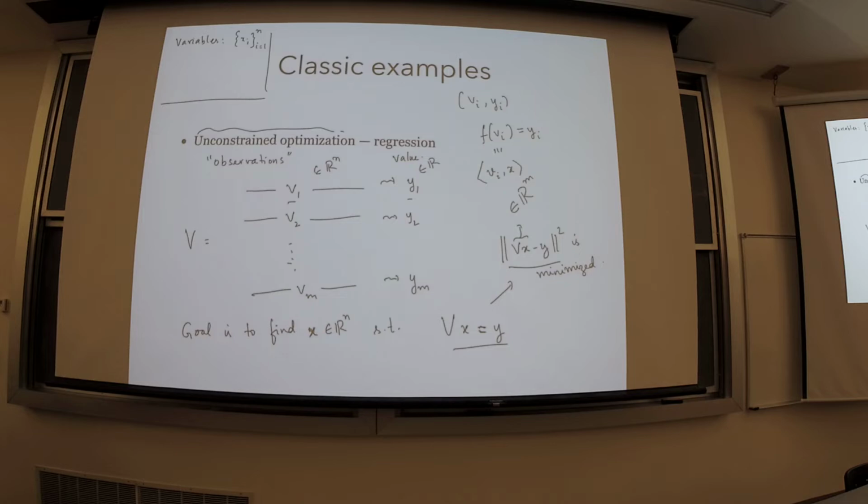No constraints, and the objective is to minimize this. This is the goal of regression, so we can abstractly phrase it as just that. This is one classic example that some of you will have seen. Otherwise, you will see slight variants of this in the homework. Okay, so this is regression.